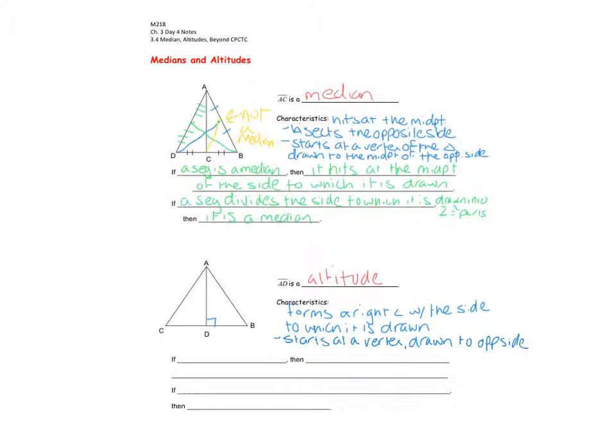We have two theorems relating to altitudes that we can use in our proofs as well. Again, the first one is the straightforward one. If a segment is an altitude, then it forms right angles with the side to which it is drawn.